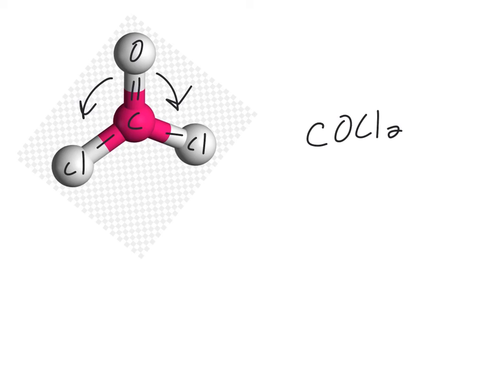down on the chlorines. Now, normally, this would have an AX of 3, doesn't have any unpaired electrons on the carbon, and therefore, since it's AX3E0, it would be trigonal planar, and the angle would be 120.